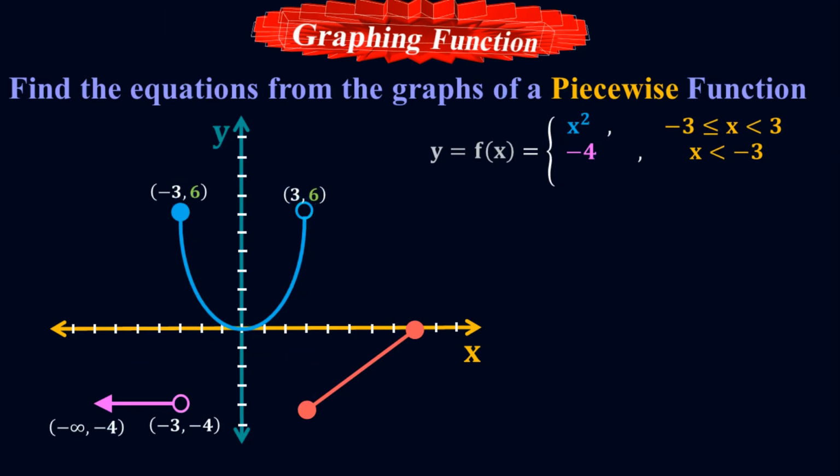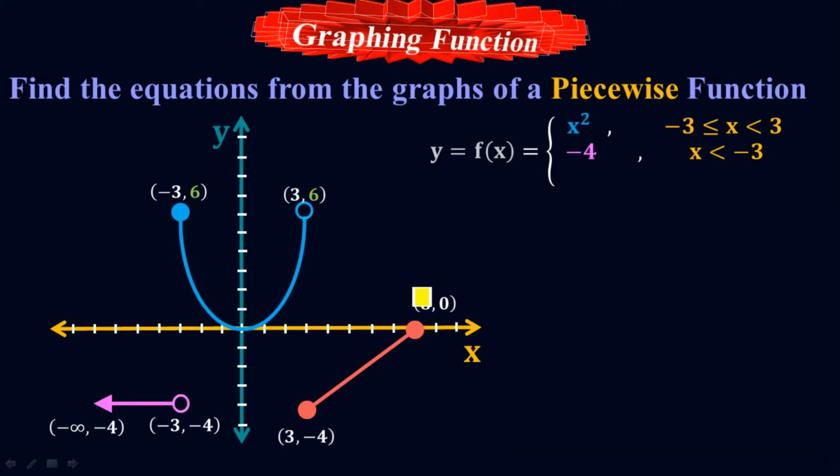Let me derive the third equation from the third piece of the graph, which is this one. Its coordinate points are (8, 0) and (3, negative 4). It is 8 along the x-axis: 1, 2, 3, 4, 5, 6, 7, 8. But 0 along the y-axis.